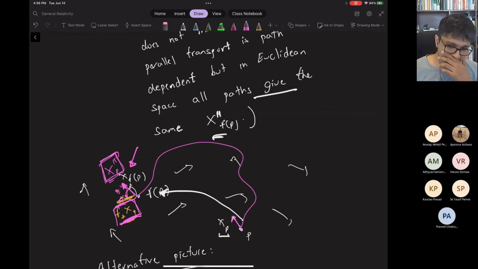Is this clear? Any questions here? So is it clear or is it not clear at all?